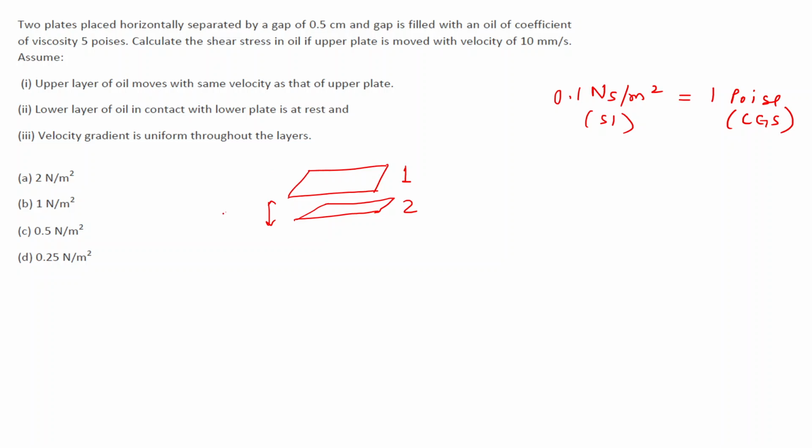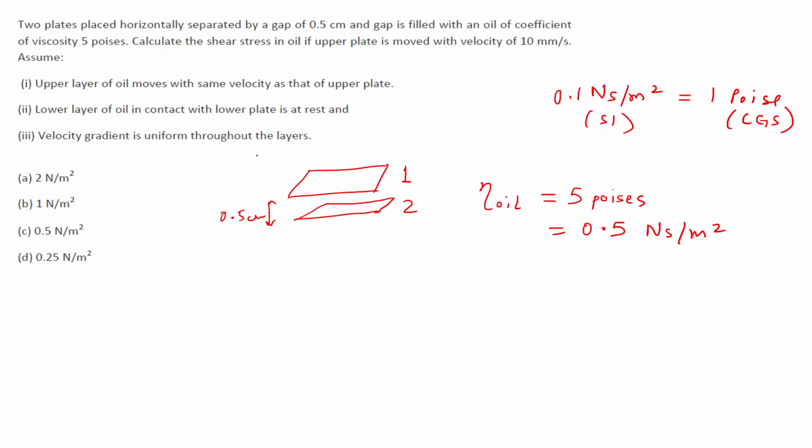The gap between these plates is 0.5 centimeter, and the gap is filled with some oil, and the coefficient of viscosity for that oil is 5 poise. Now to put it in SI units, 1 poise is 0.1 Newton second per meter square, meaning 5 poise is 0.5 Newton second per meter square.